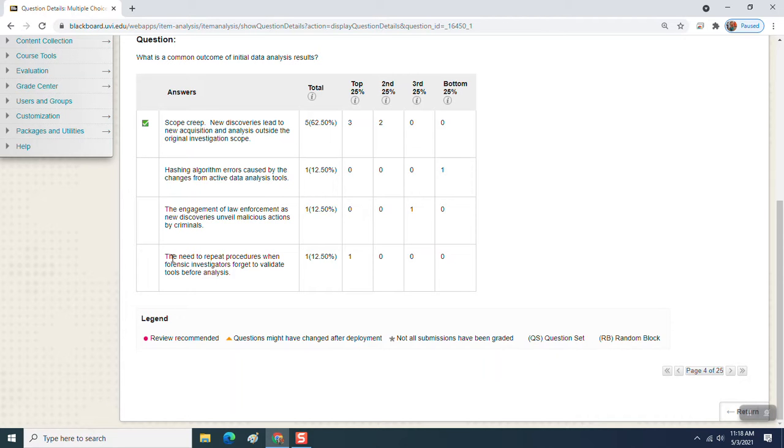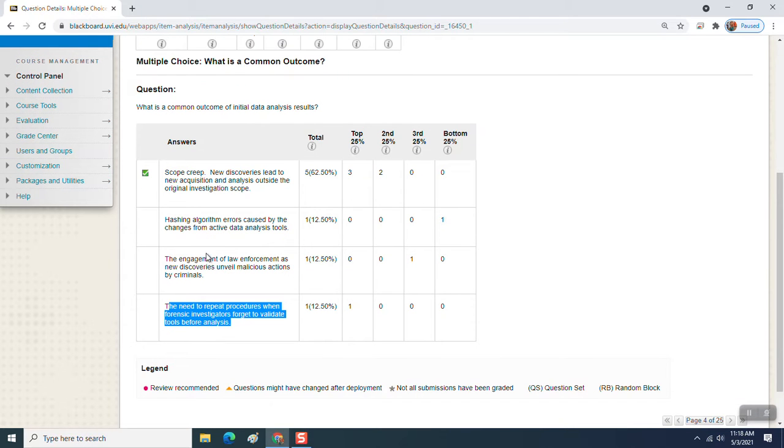The need to repeat procedures when forensic investigators forget to validate tools before analysis. Hopefully that's not common. If that's a common outcome, we're not doing things properly in the first place. So the question assumes that we've done something correct. What is the common outcome of initial data analysis results?